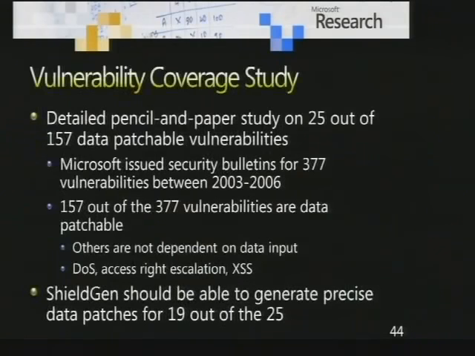In our evaluation, we did this vulnerability coverage study. We did a pencil and paper study on 25 out of 157 data-patchable vulnerabilities. Basically, in a three-year time frame, Microsoft issued 377 security bulletins.